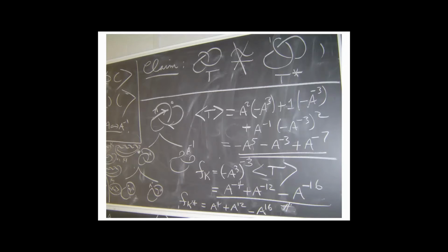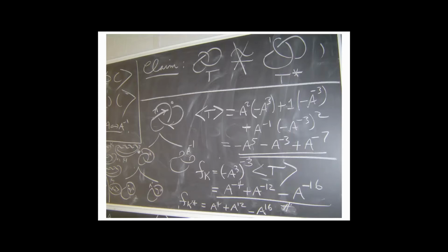That's the 1, and it's got 1 little curl, and that gives you a minus A to the minus 3. I let you look at it yourself carefully to check which curls are positive and which ones are negative. And the last one has 1 smoothing, only 1, and it gives an A inverse, and 2 curls, and you get a minus A to the minus 3 squared.